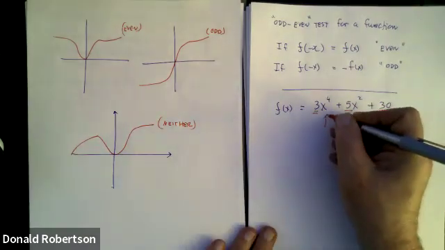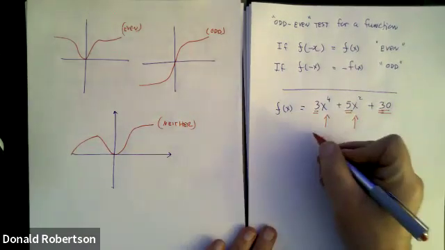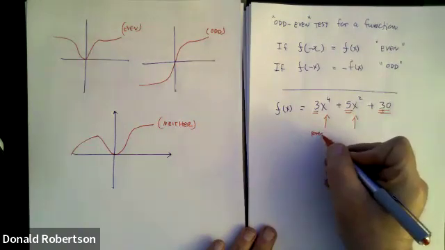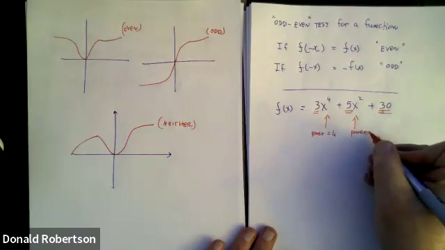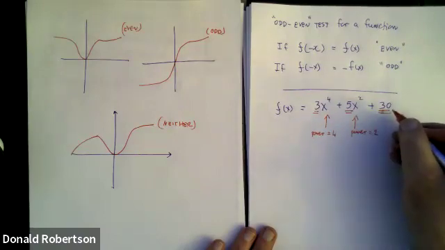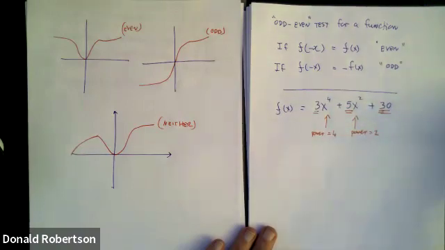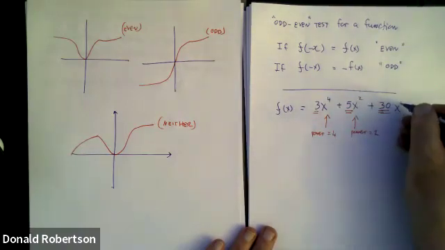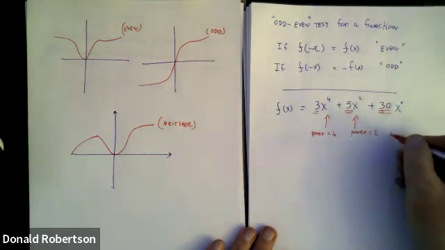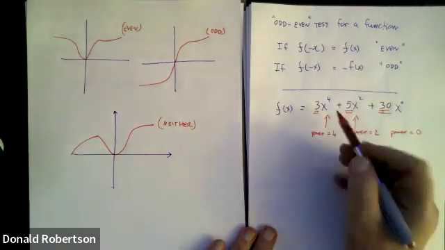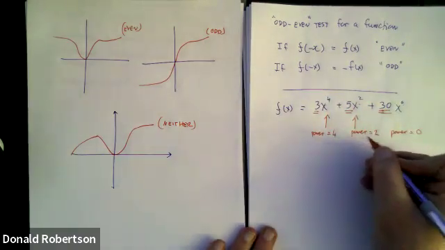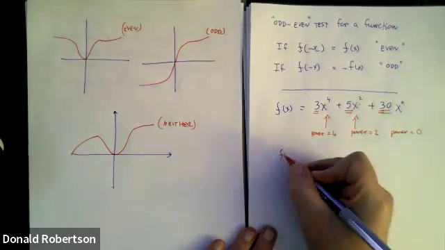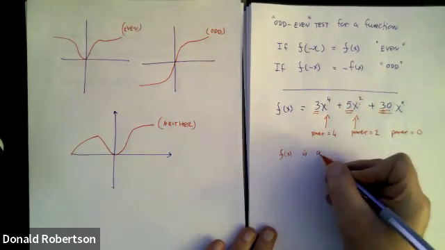What we are interested in are the powers. The power of this guy is 4. The power of this guy is technically 2. And I know you don't have a power there, but if you had to, you could kind of artificially call it x to 0. So this here is a power of 0. And if all the powers are even, and 0 counts as even, then f of x is an even function.